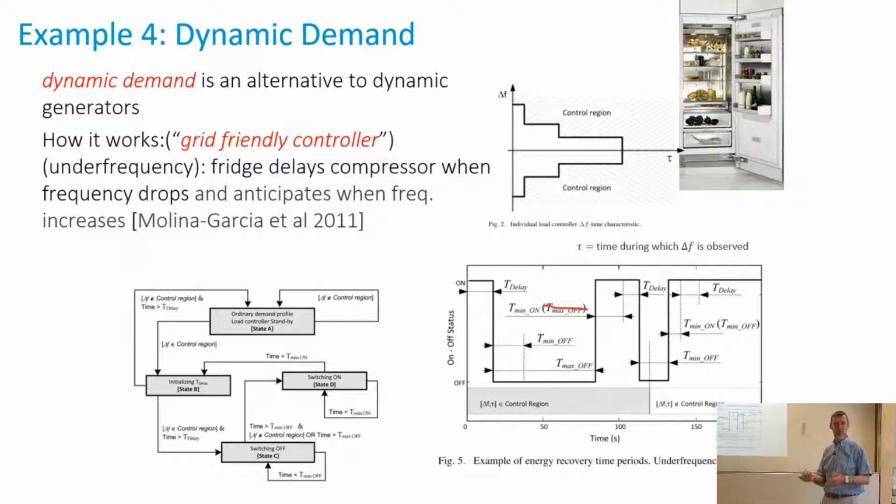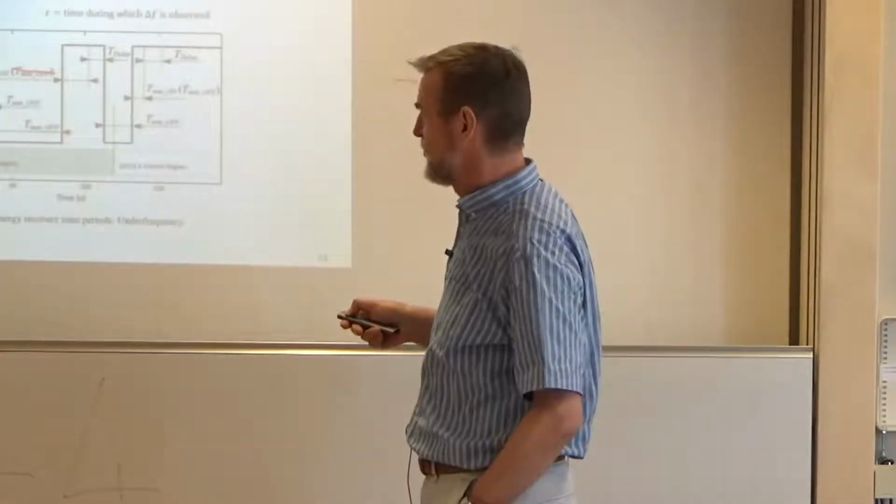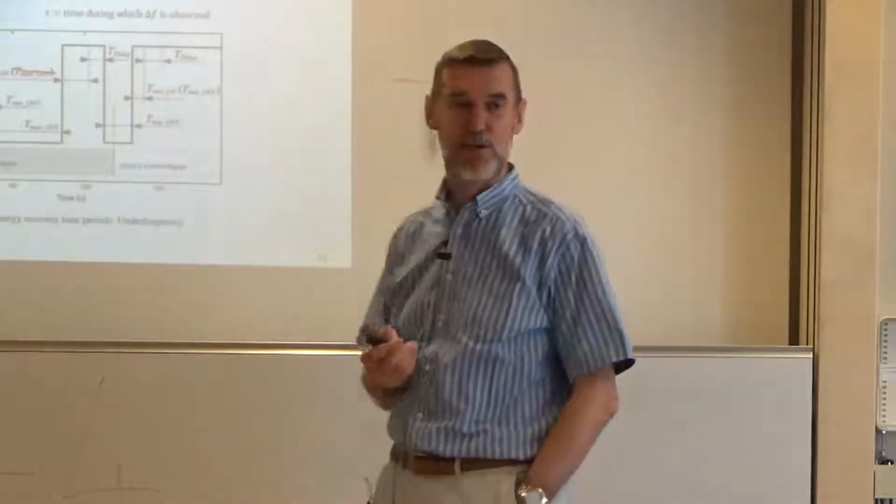Generators that provide primary frequency support have a simple control loop that says that they add a delta to their production, which is positive or negative, and is proportional to the delta in frequency. That's the so-called droop control of generators. The idea that has been proposed currently in the UK in particular is to use the fridges for that. Why fridges?